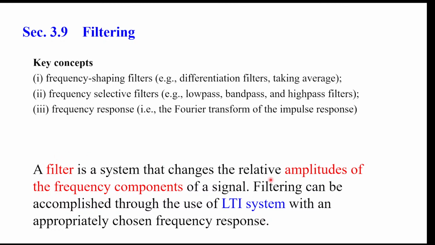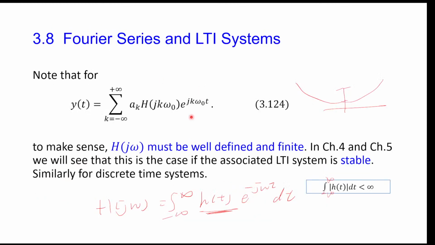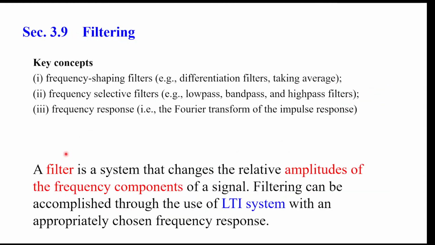So a filter is a system that will change the relative amplitude of different frequency components of the signal. The frequency components are those a_k e to the j k omega naught t. So we change a_k to different b_k with a different relative amplitude, and then we can shape the output.